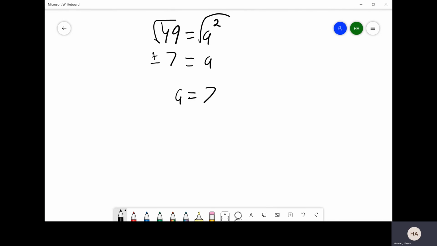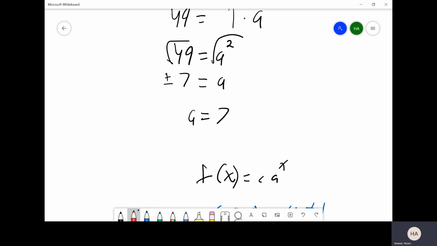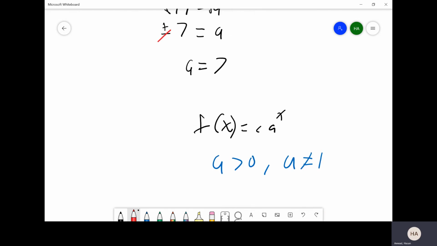Remember that when I first brought up exponential functions in this form, f of x is equal to c times a to the x, we had that little caveat where a has to be greater than 0 and also a cannot be 1, right? So we know we can cross out the -7, because by definition of the exponential function, a has to be positive. Okay, so we can get rid of the negative value here, and we know then that a is equal to 7.